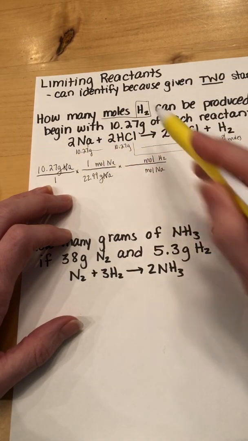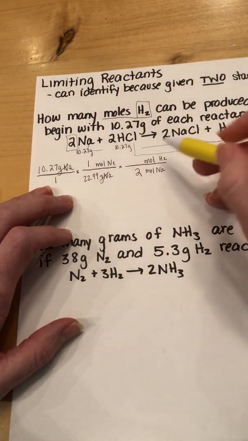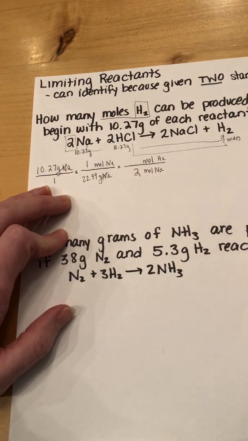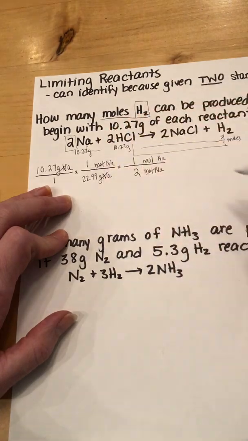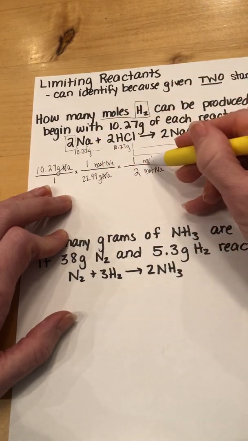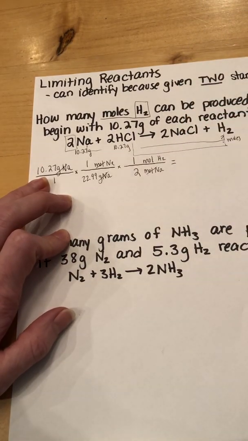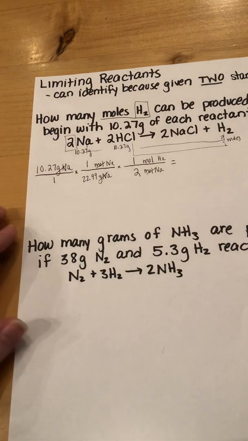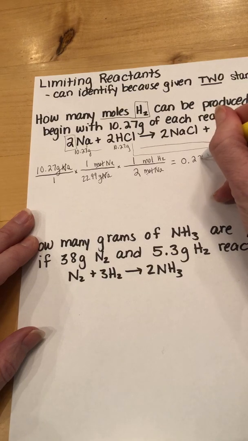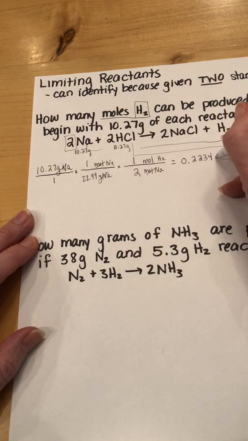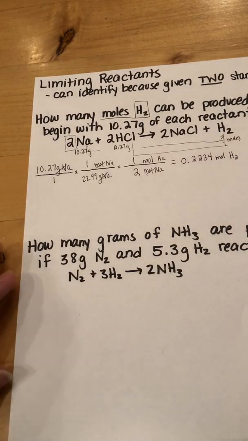If I look up sodium first, sodium has a coefficient of 2, so that 2 will go here. Hydrogen has no coefficient in front of it, so I know that means it's 1. So this tells me, now that I have converted over to moles of hydrogen, that's what it asks for, that if I started with 10.27 grams of sodium and I had enough of the other reactant, I could potentially produce 0.2234 moles of hydrogen.